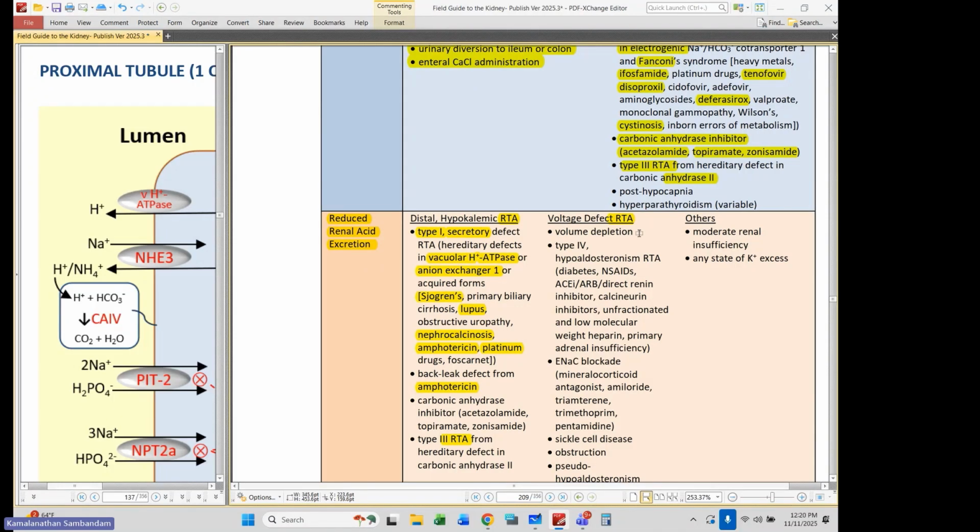This is a case in which we cannot generate that lumen negative voltage, which favors the secretion of cations, including protons, as well as potassium. So the voltage defect RTA would be predicted to have a tendency towards both metabolic acidosis as well as hyperkalemia.